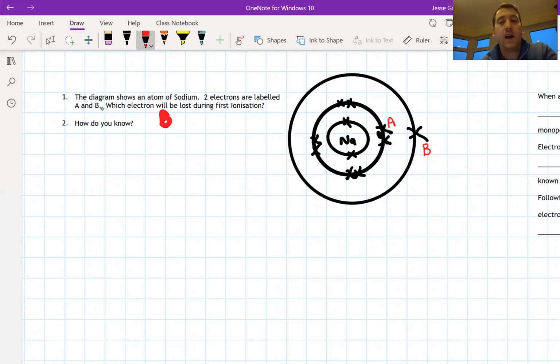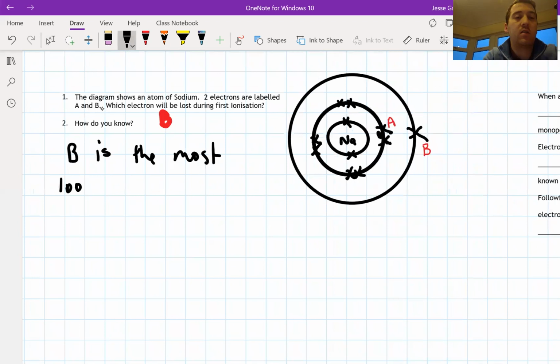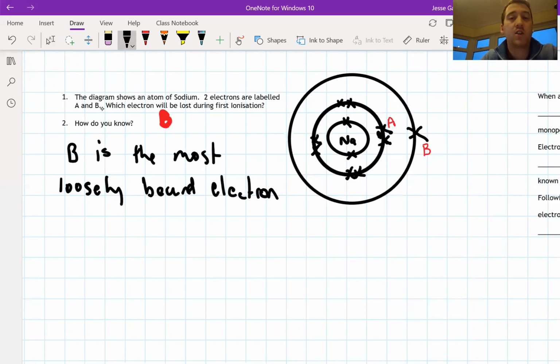So B. And how do you know? We didn't just say B, we said how do we know? Well, I'm hoping that you said B is the most loosely bound electron. Why? Well, because it's in the outer shell, or it's furthest away from the nuclear charge.